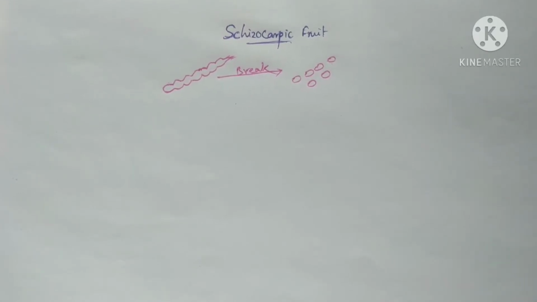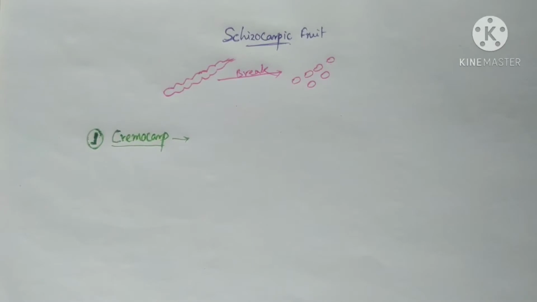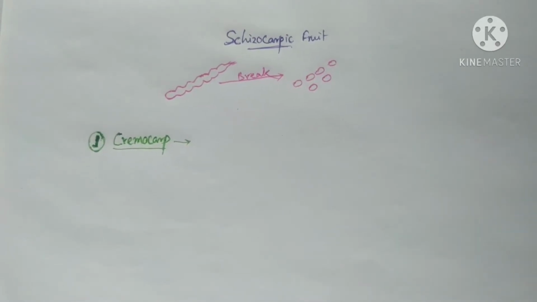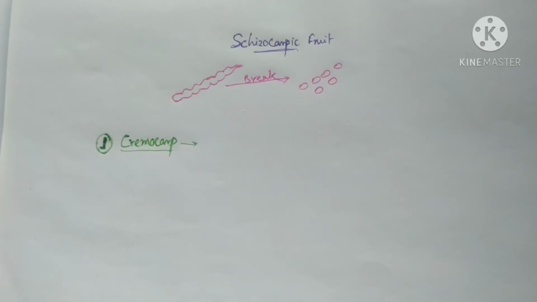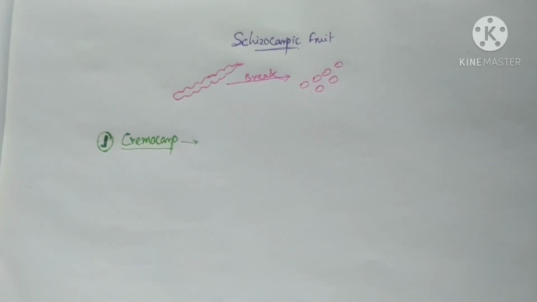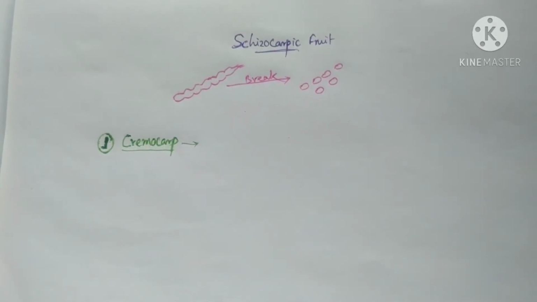First is cremocarp. In cremocarp, fruits develop from a bicarpellary syncarpous inferior ovary.